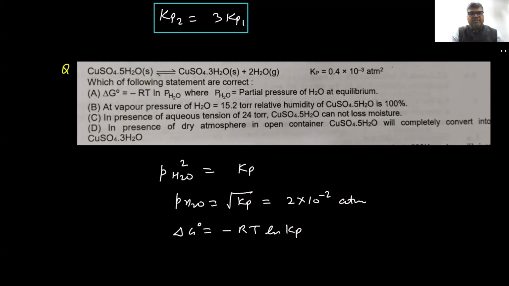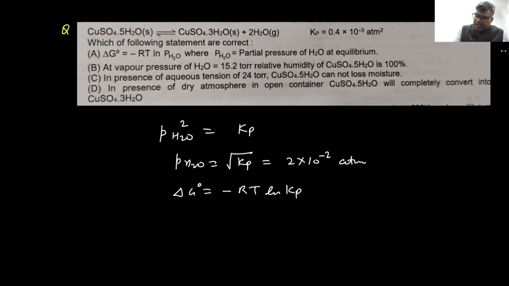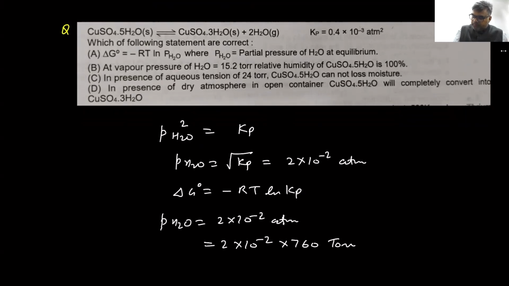So relative humidity means what maximum amount of water can be absorbed, which is 15.2 torr, and what is the actual presence of water at this point, so that we can calculate. Since the partial pressure of water is calculated as 2 into 10 to the power minus 2 atmosphere, if I calculate it in torr, we just multiply by 760. So you can see again 15.2 torr will come.